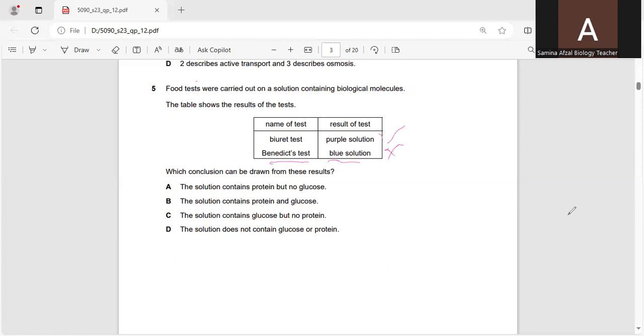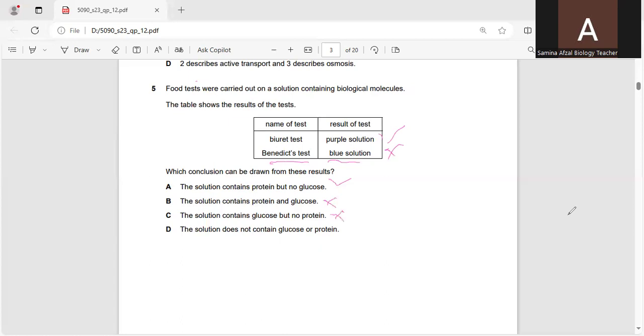So now we are going to find out the results in the 4 options. Which conclusion can be drawn from these results? The solution contains protein but no glucose. Yes. The solution contains protein and glucose. No. The solution contains glucose but no protein.